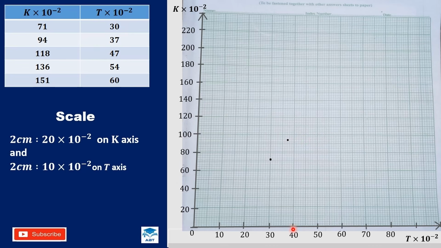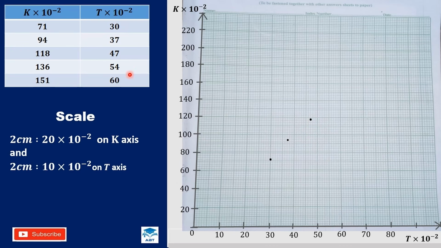This is 40, we count 7 boxes. And for 118, this is 100, and 118 will be somewhere around this point. We count 9 boxes, since each box is 2.